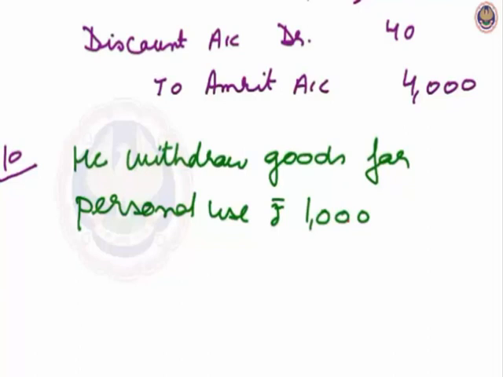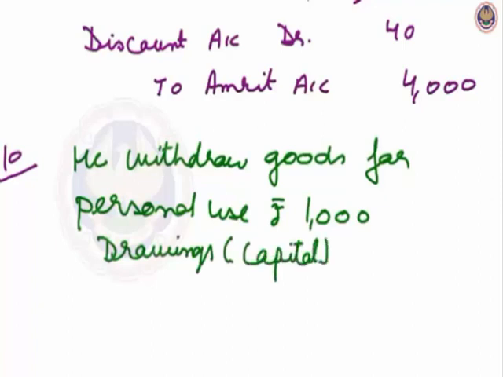When any goods are withdrawn from the business, the amount of purchases decreases, and if it is withdrawn by the owner, then the amount of capital is also decreased. Because when goods are withdrawn, it is a sort of drawings, and drawings is nothing but reduction of capital. So two accounts involved: drawings, which is related to capital, and it decreases.